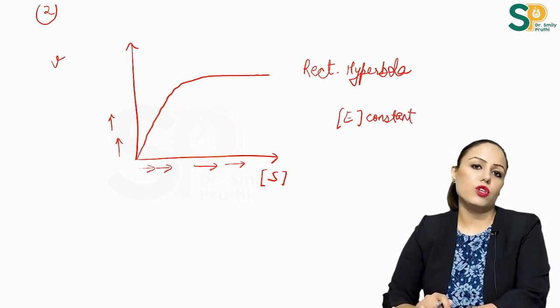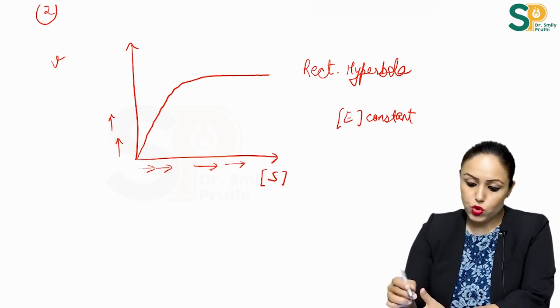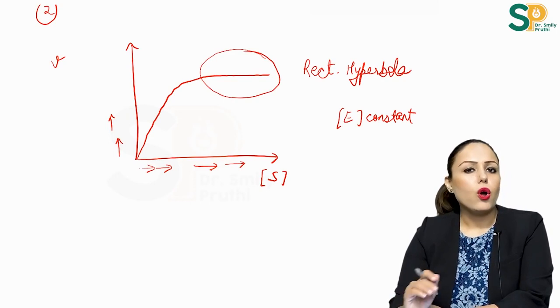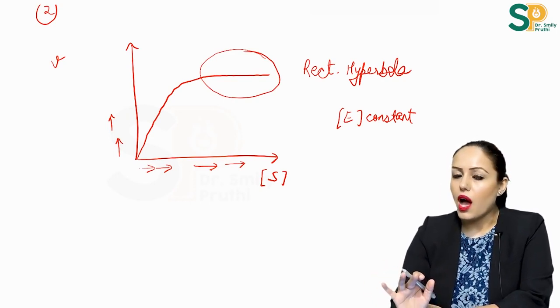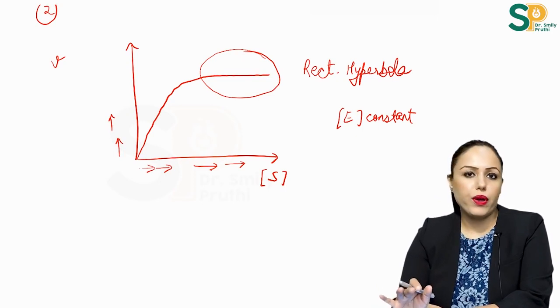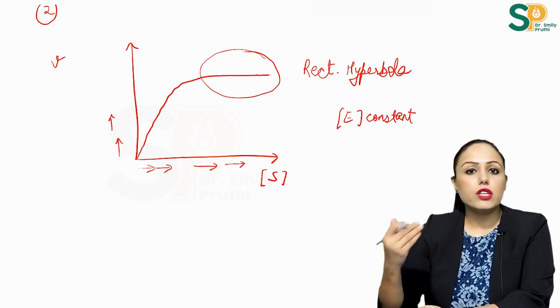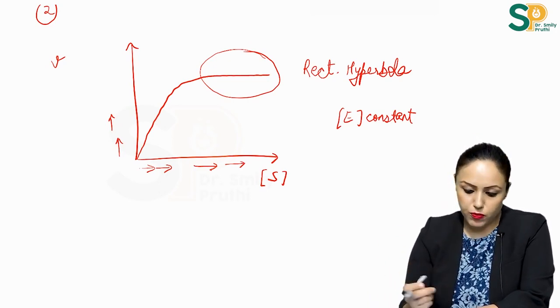We are not increasing or decreasing the enzyme concentration here. So what happens in the later portion of the graph? All the enzymes' active sites are already occupied with the substrate, right? So further increase in substrate will not affect the velocity.